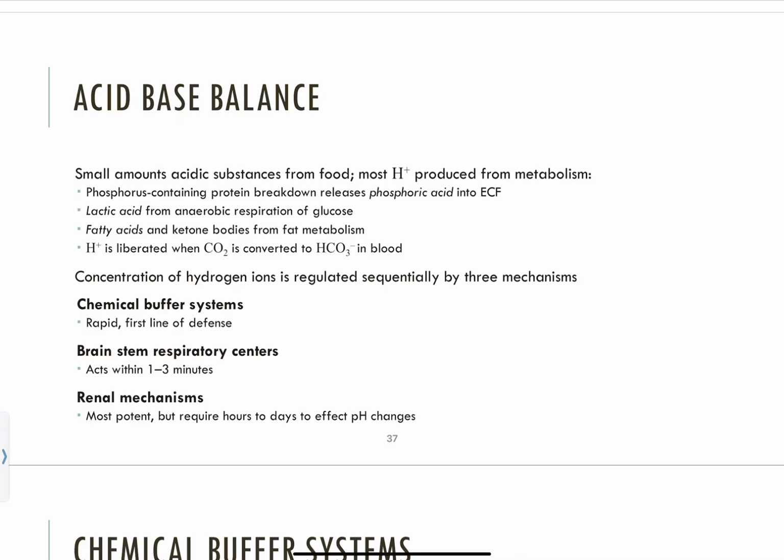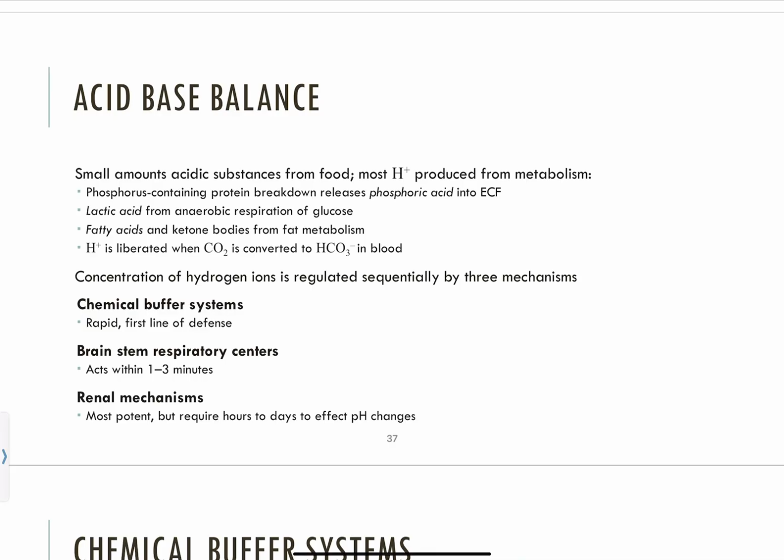Our brain can also act in helping with our fluid pH by either increasing or decreasing our respiration rate. Carbon dioxide does act as an acid because it forms carbonic acid. So we can change our ventilation rate and exhale more carbon dioxide in order to bring that back down to a normal pH range.